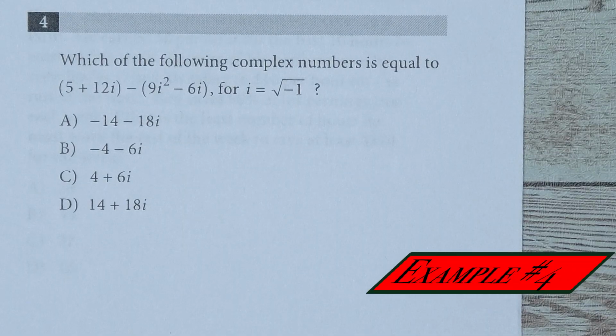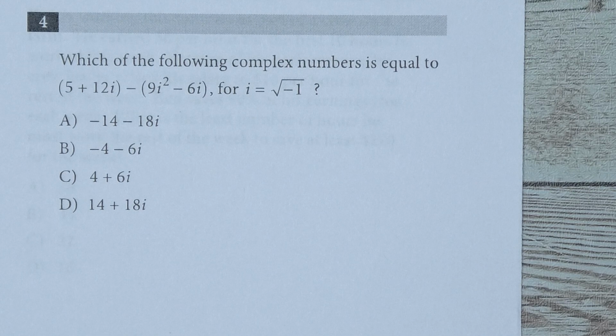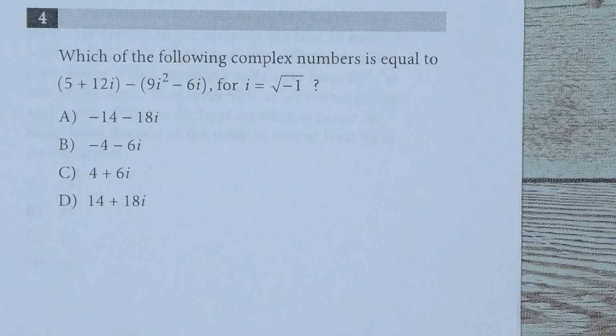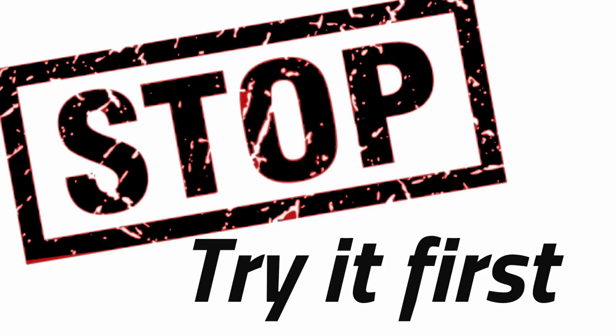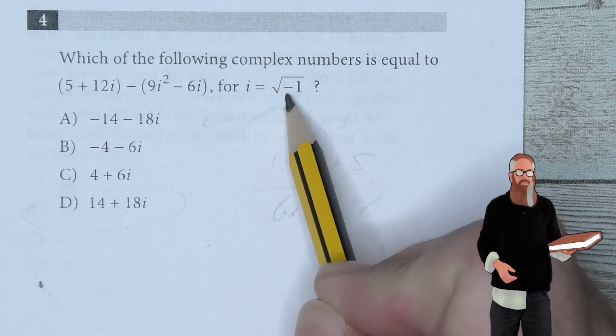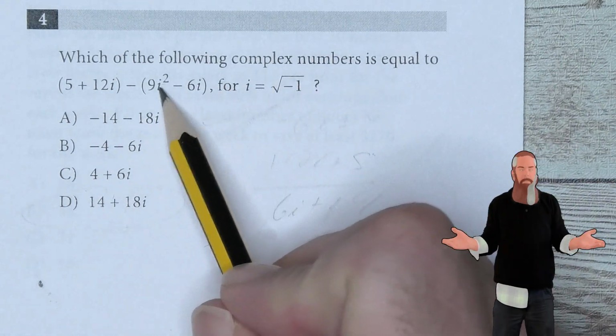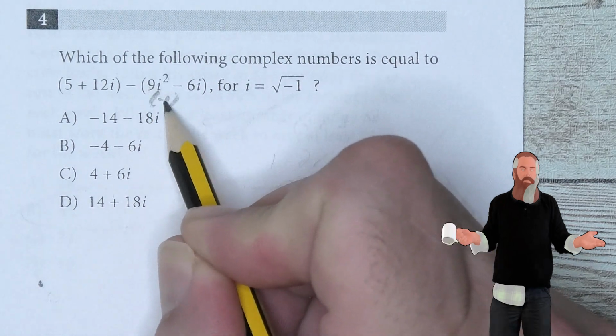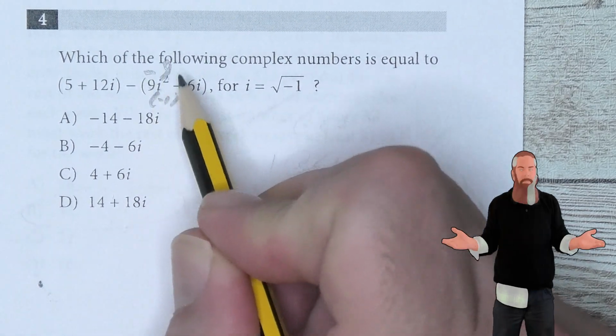Which of the following complex numbers is equal to (5 plus 12i) minus 9i squared minus (6i), for i equal to the square root of negative 1? So starting out, when we know that i is equal to the square root of negative 1, that means that i squared is equal to negative 1, meaning that's 9 times negative 1, or a negative 9.